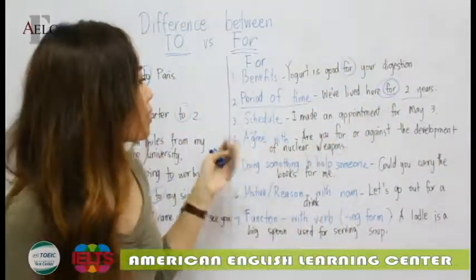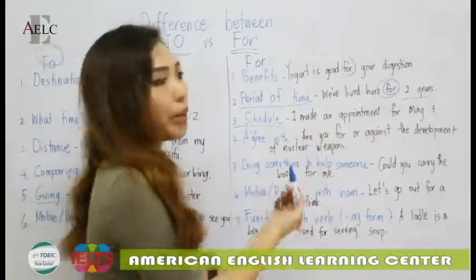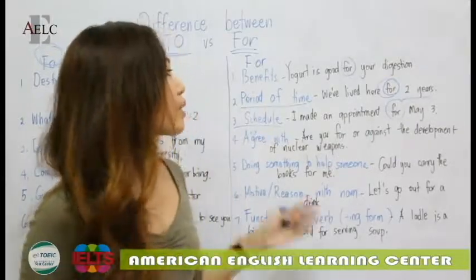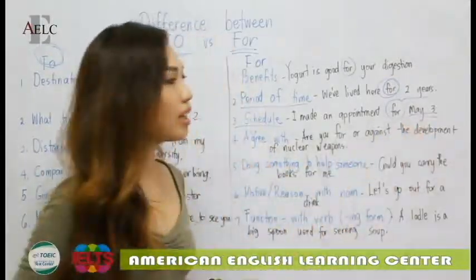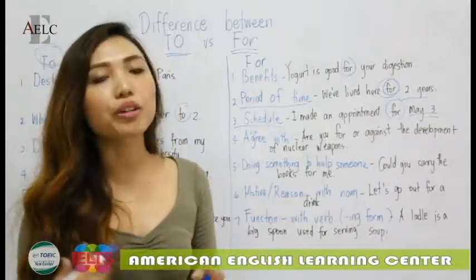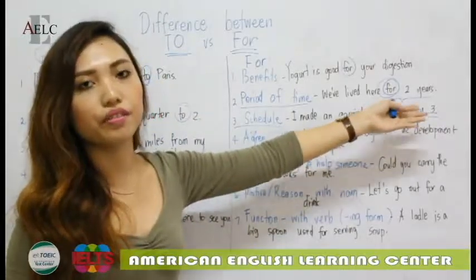The third one talks about a schedule. For example, I made an appointment for May 3rd. This is the schedule. I have an appointment for May 3rd, so I have used the conjunction for.